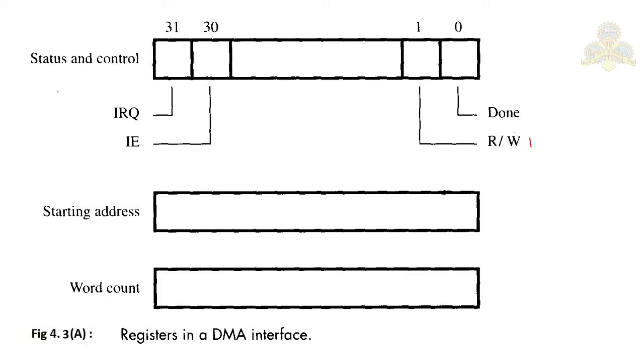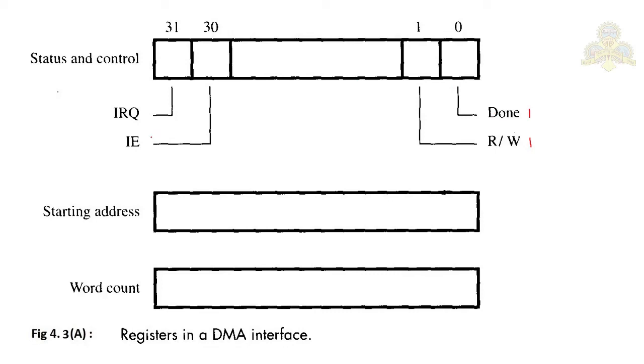This is the done flag. You have to understand, whenever the complete read or write operation is completed, only then this done flag will be set to 1. Otherwise it won't be set. Now bit 30 here, IE, that means it is the interrupt enable flag.